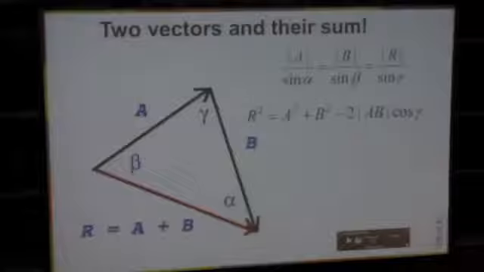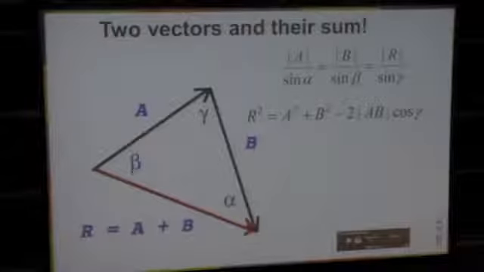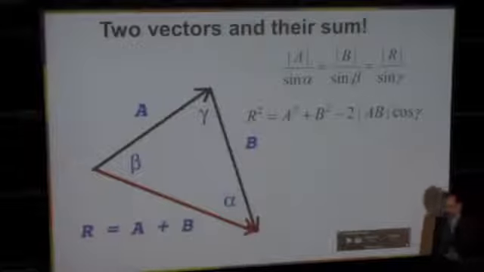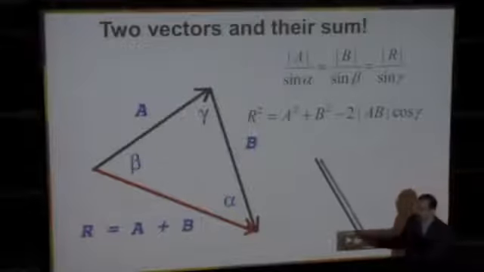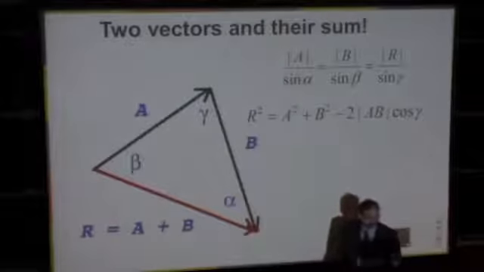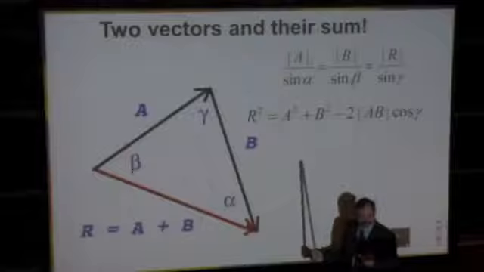Again, number one, we can make as many right triangles as we want by just drawing a perpendicular. And option two, we can use another math, and it's up to you, whichever is easier for you, whichever you like more.